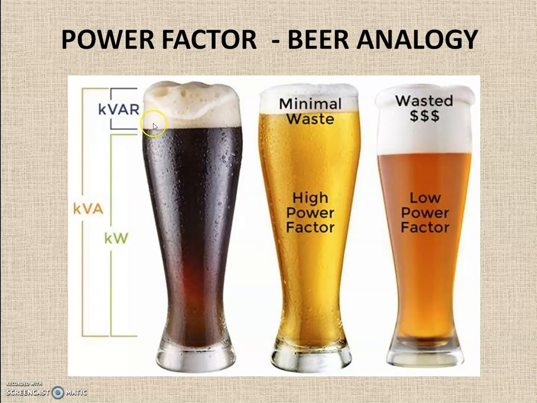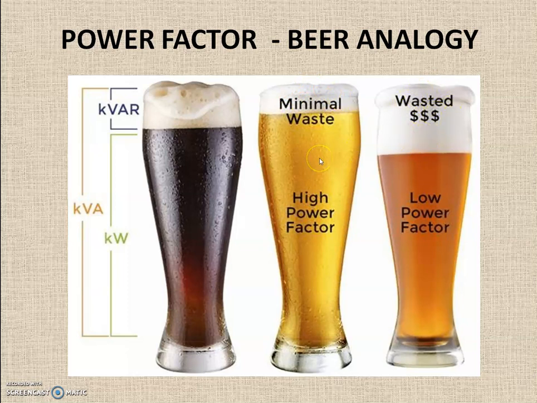In this case there is some foam, and this is called the reactive power, and the actual useful part, the beer, is called the real power, and the total size of the glass or mug is called the apparent power, or the maximum possible value. Considering this case, the foam is of lower amount, and in this case the foam is somewhat higher.